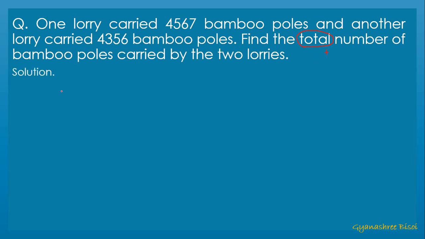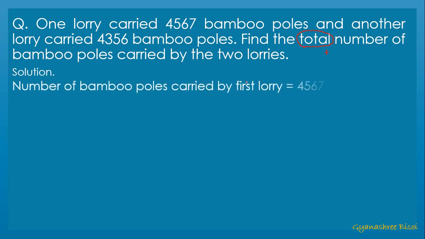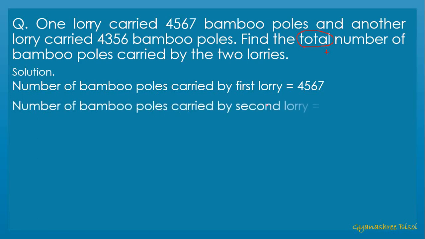Solution statements, as you know, we will directly take it from the question. So, number of bamboo poles carried by the first lorry equals to 4,567. Next statement, number of bamboo poles carried by the second lorry equals to 4,356. As the clue word shows, we need to perform addition.